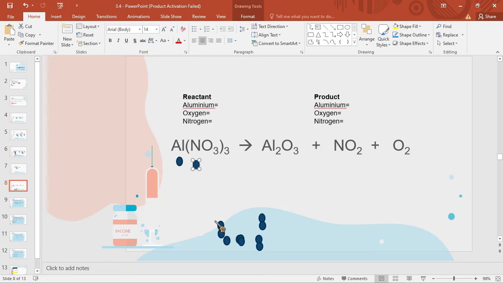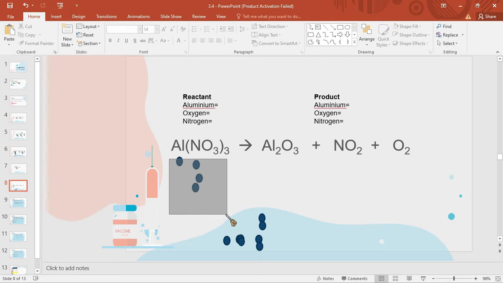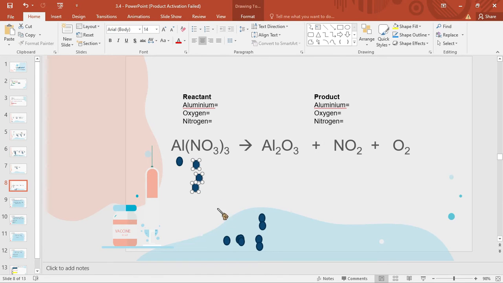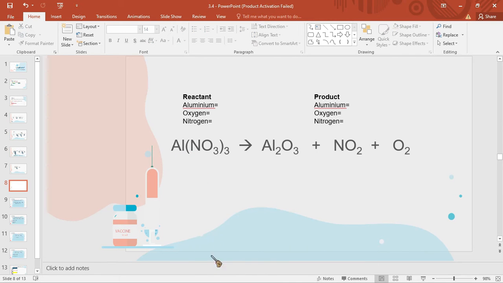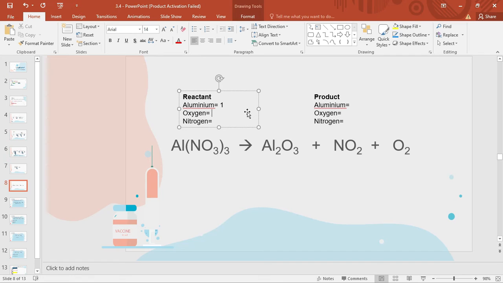I want to stop using the circles because it is too messy. Okay, aluminium we got 1, right? Oxygen we got 9. Nitrogen 3.